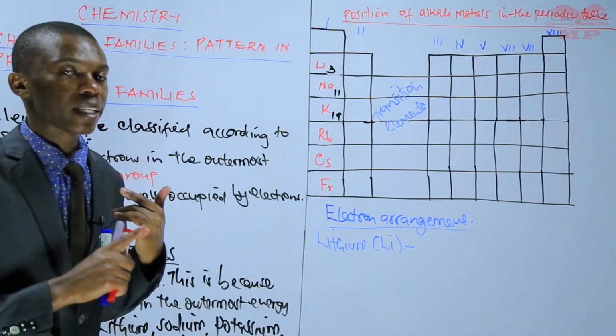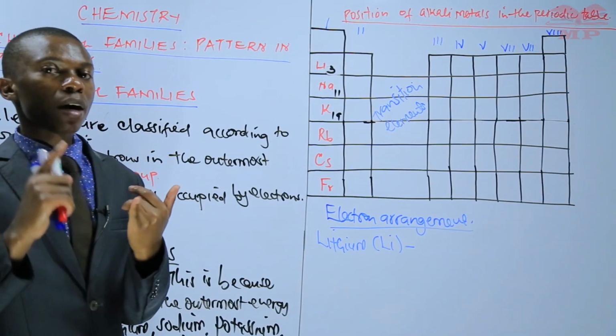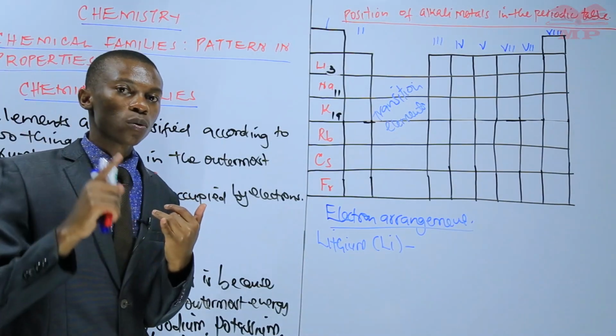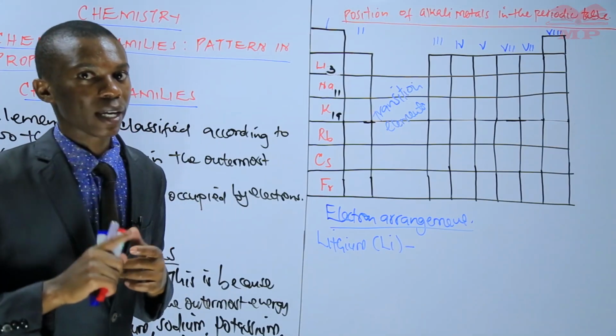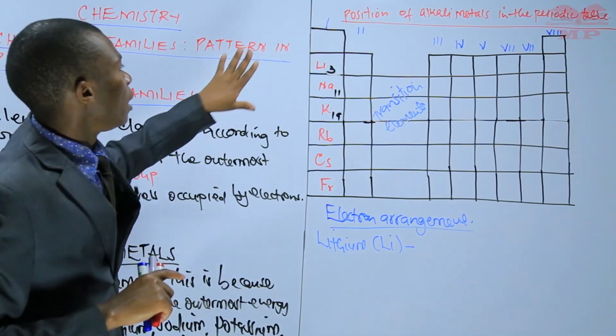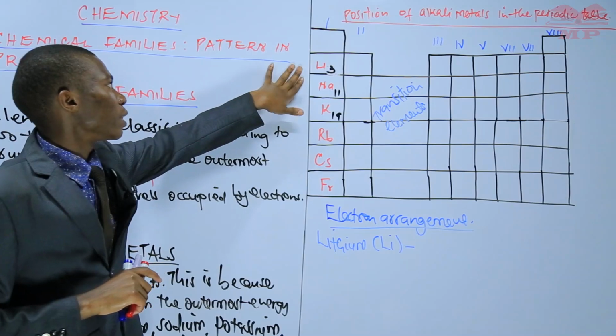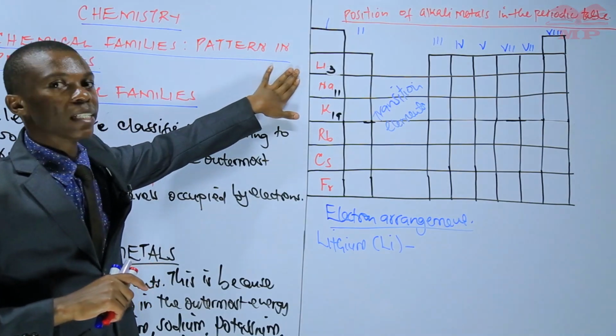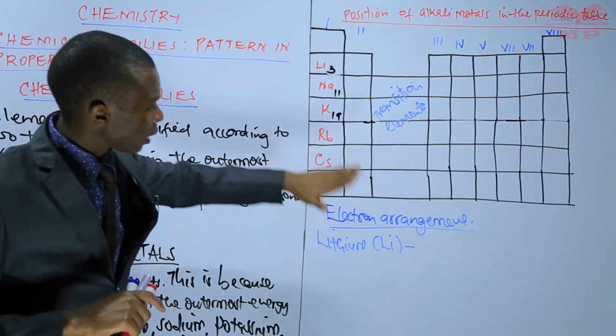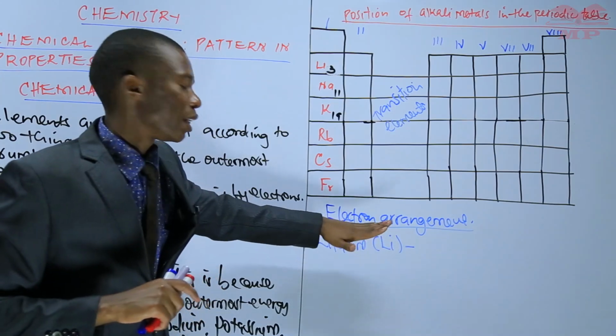And they say that in a neutral atom, the number of protons is equal to the number of electrons. Therefore, lithium with atomic number 3 means that it has 3 protons and 3 electrons. So when you're writing the electron arrangement, we use the number of electrons.